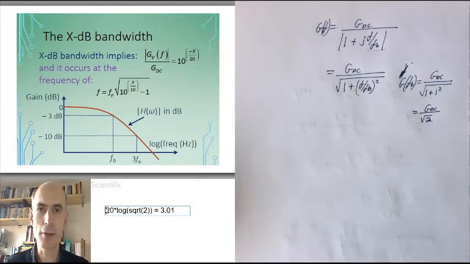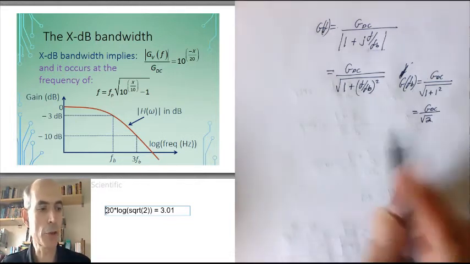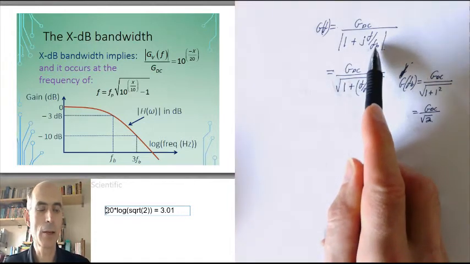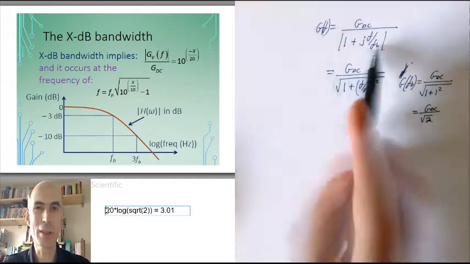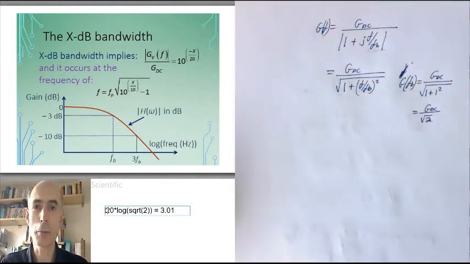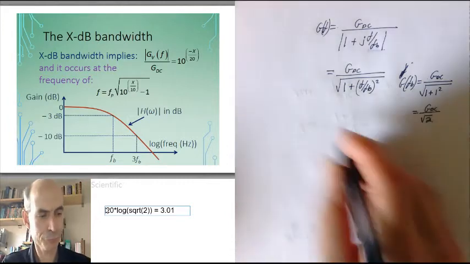But there is a slight difference there, and if you do come across a calculation in which there is a slight difference between the 3 dB bandwidth and what you were expecting it to be from this expression, then that's probably the cause. Anyway, let's move on.